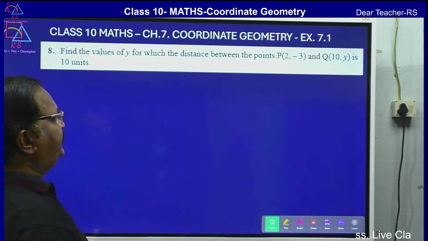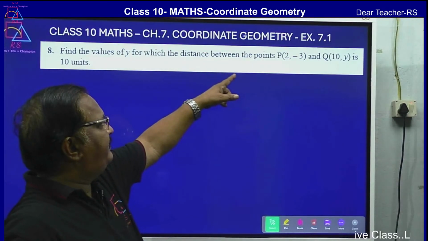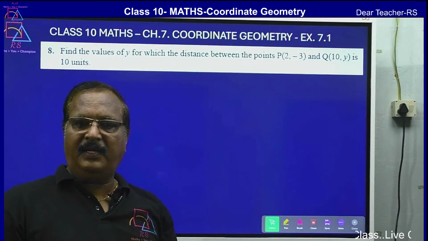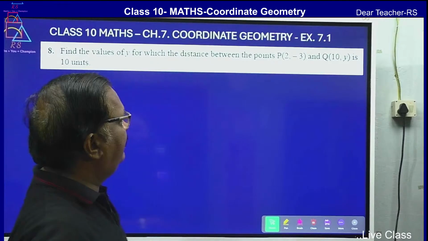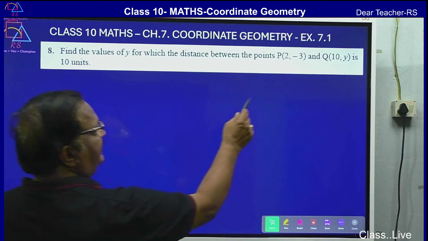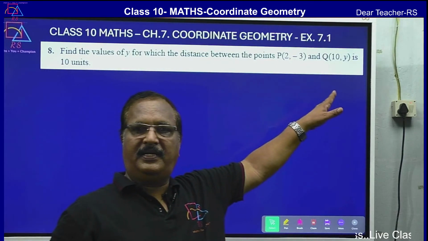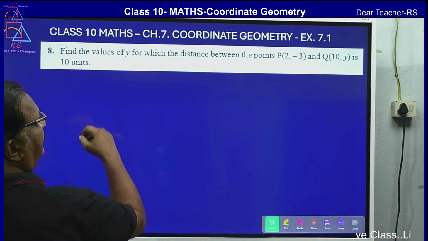Eighth question. Find the values of y such that the distance between the points P and Q is 10 units. It is also one of the important questions you will get in 2 marks questions. In this one, the y coordinate of Q is not given, so you have to find the value of y.